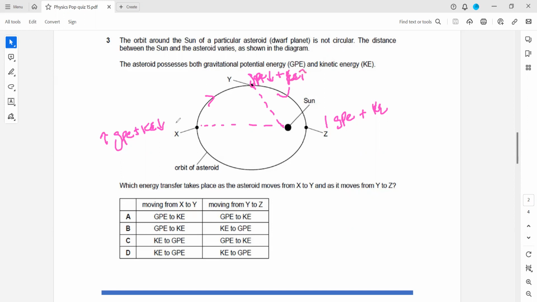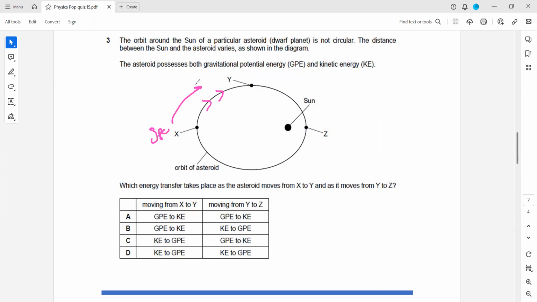So KE is increasing. So what is the energy change here? Moving from X to Y, and then from Y to Z, the same thing, because the height is decreasing and the kinetic energy increases. So simple idea, moving from X to Y, the GPE will change into KE. And same thing at Y, it will have GPE, and that GPE will further change into KE.